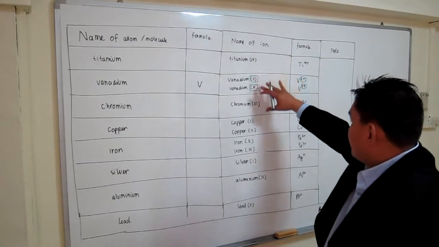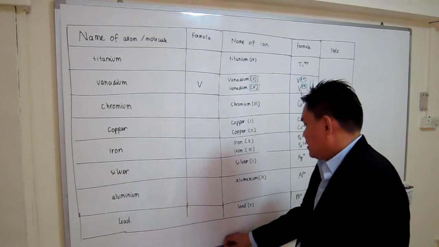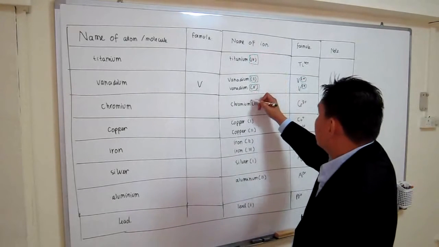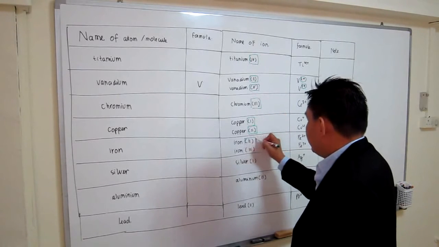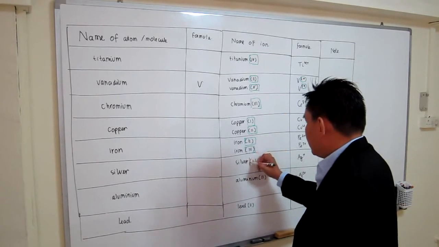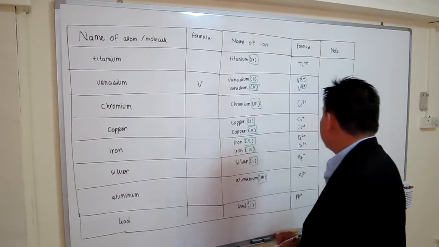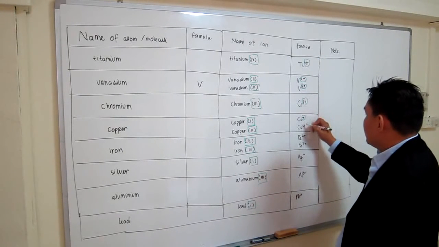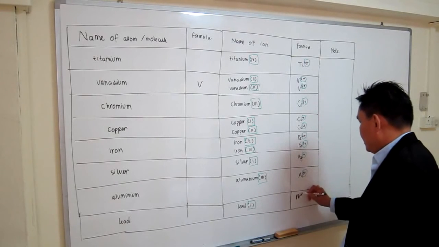So the names of these ions have Roman numerals, right? This is because all these transition metals have multiple oxidation states. So we need to put Roman numerals to indicate which ion we mean.